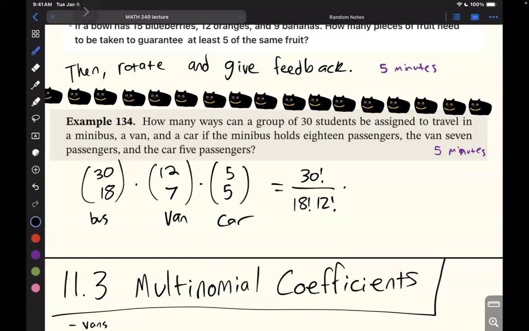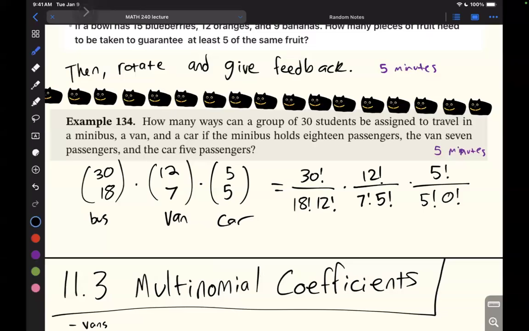All right, so we've got the 30 choose 18. And then we've got the 12 over 7 factorial and 5 factorial. And then we've got the 5 factorial over 5 factorial and 0 factorial. So n factorial over k factorial, which is 5, times n minus k factorial, 5 minus 5, 0.